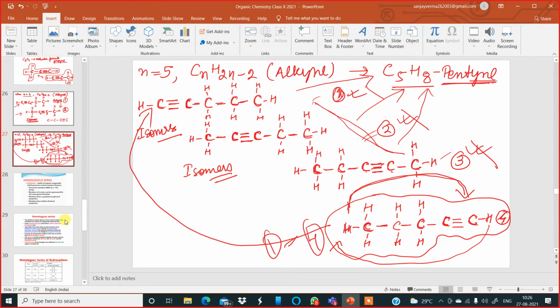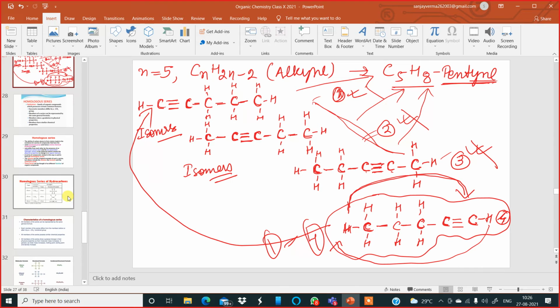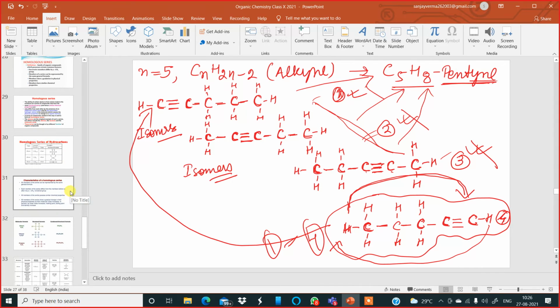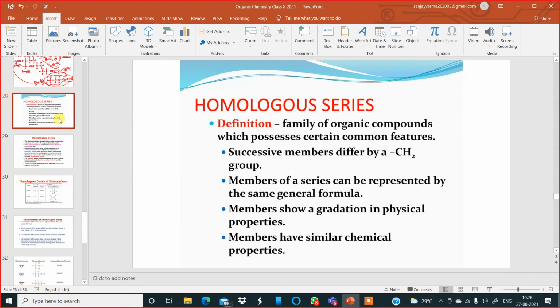Okay. Now I have made it very clear for you all about alkanes, alkenes, and alkynes with regard to the homologous series of hydrocarbons. Alkanes show chain isomers only. Alkenes and alkynes also show isomers, both position and chain isomers.